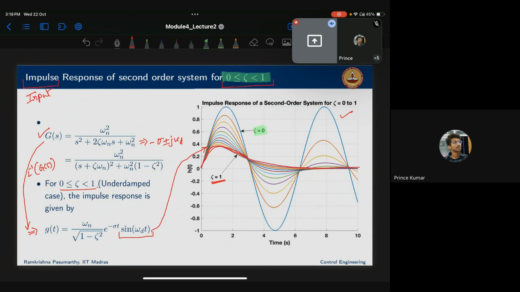In between 0 and 1 we have the underdamped case: the response starts here, oscillates, and then reduces. I hope you can understand the difference between zeta equal to 0 and zeta equal to 1.